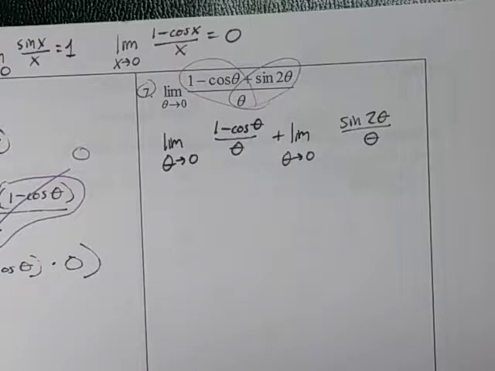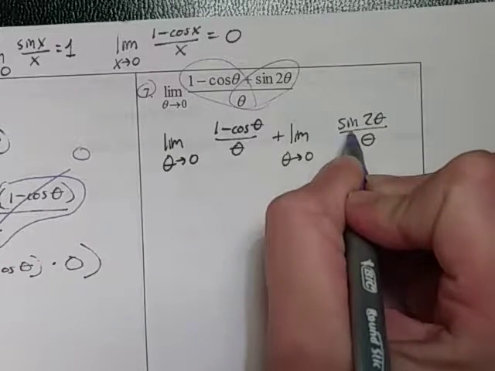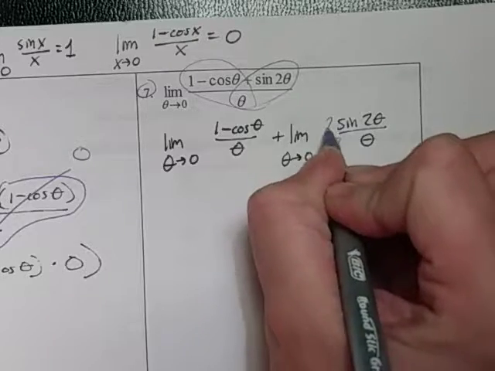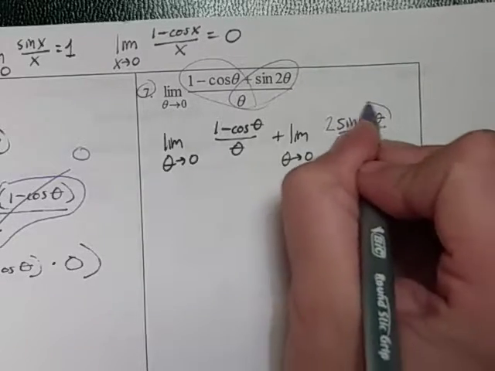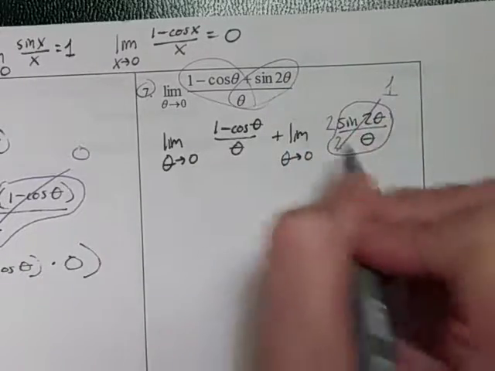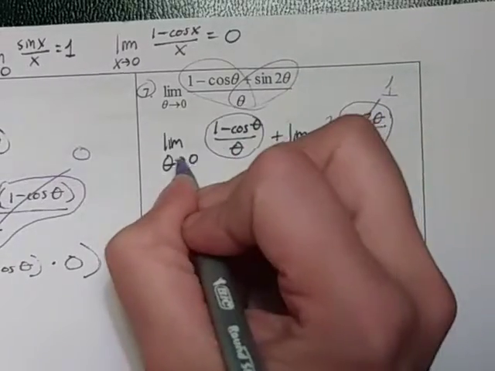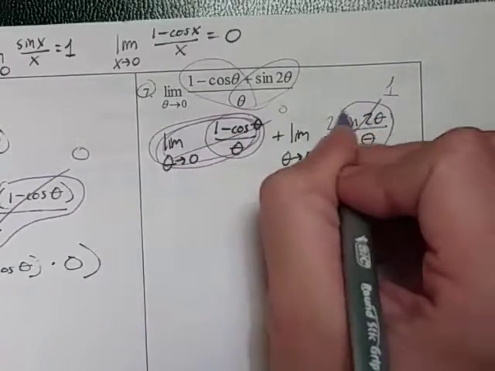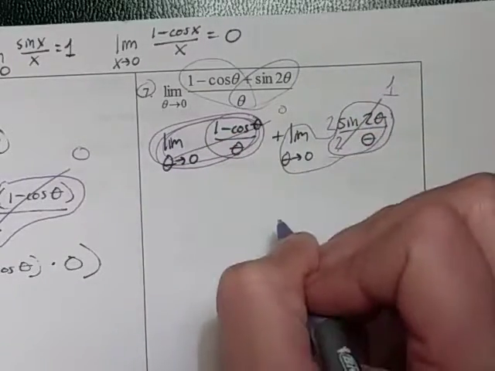And we know how to handle that to fix it. I need a 2 in the denominator, but I can't just put a random 2. I need to multiply by 1 to make it work for me. So then this whole guy I know goes to 1. This whole guy goes to 0. And it's this whole guy that goes to 1.